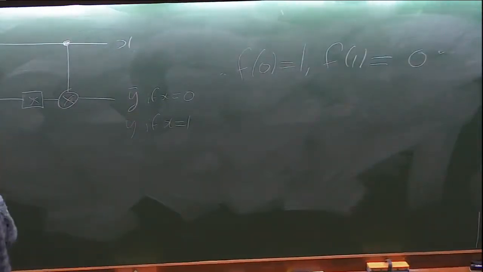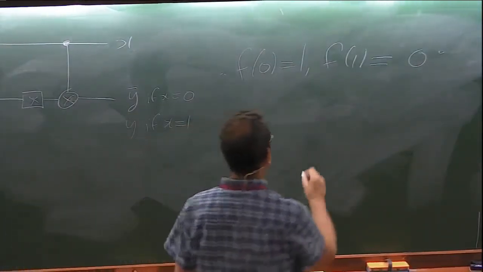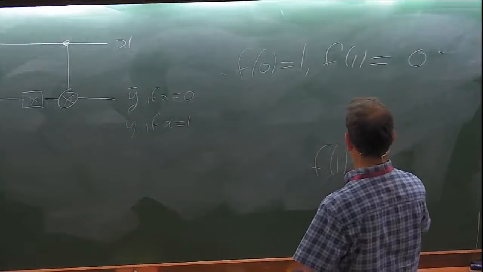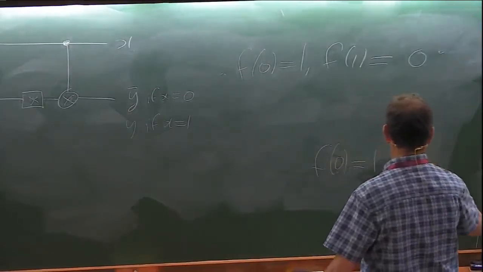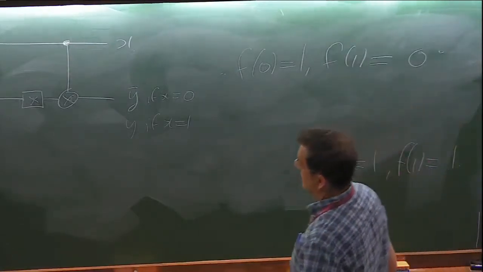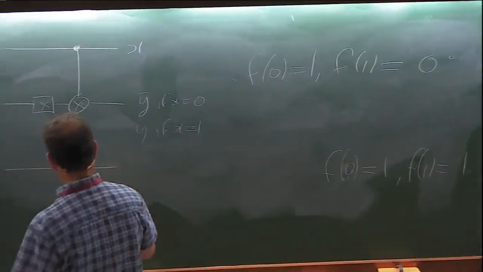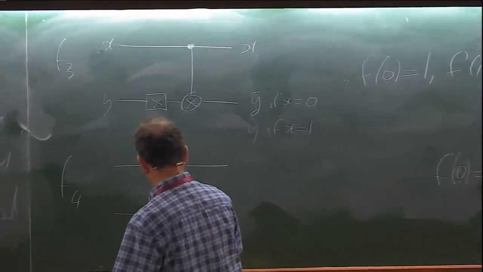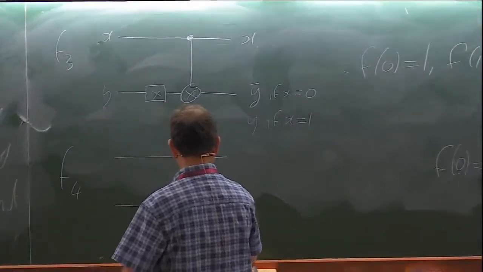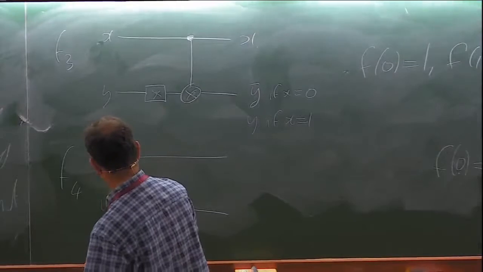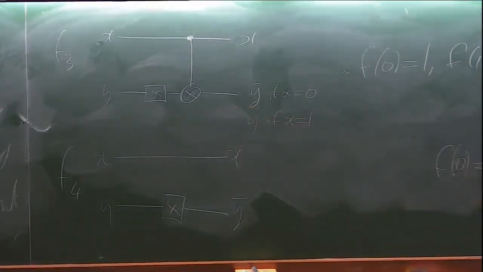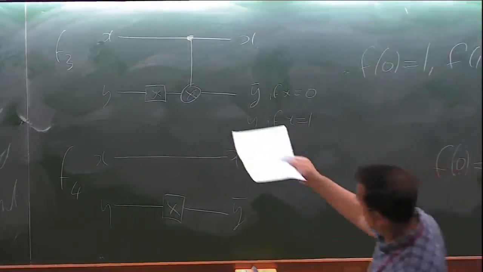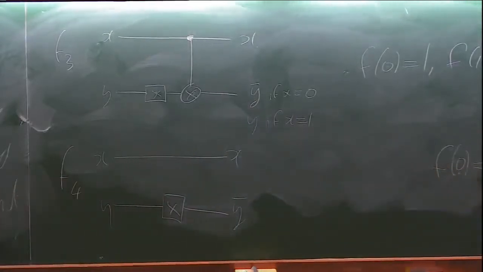And for the fourth possible function, the last one, whatever the input is, the output is 1. So I don't care what x is, I just flip y. So these are, in circuit representations, the 4 possible functions.